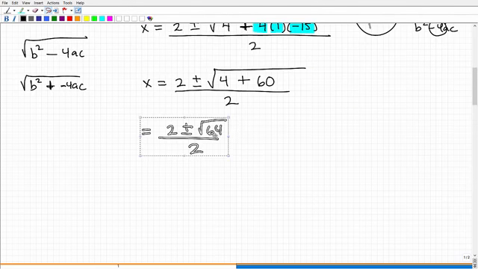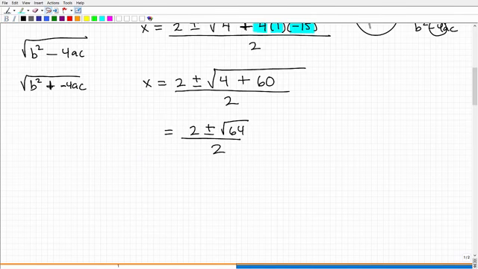All right, so x equals 2 plus or minus the square root of 64. So the square root of 64 is 8, okay? It's technically plus or minus 8, and that's why you have the plus or minus here, okay? So 2 plus or minus 8 all over 2.